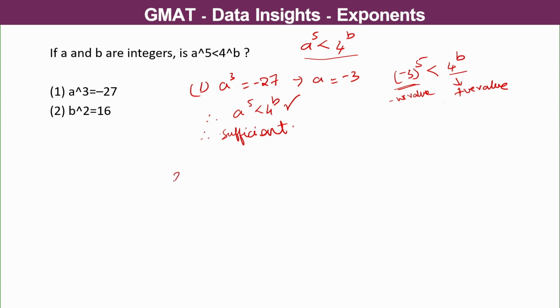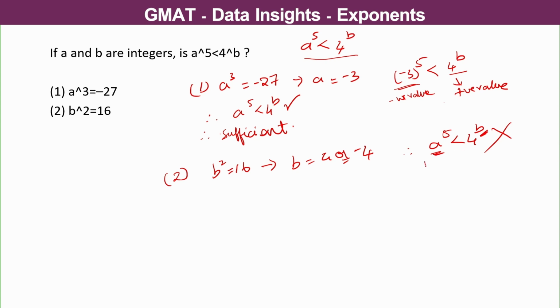Now, let us look at the second piece of information. We have b square is equal to 16, which means that b is either 4 or b is equal to minus 4. Therefore, can we say that a to the power of 5 is less than 4 to the power of b? No, we cannot, because b can be either 4 or minus 4, and we know nothing about a.